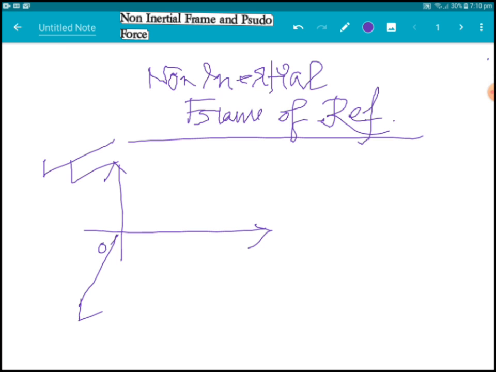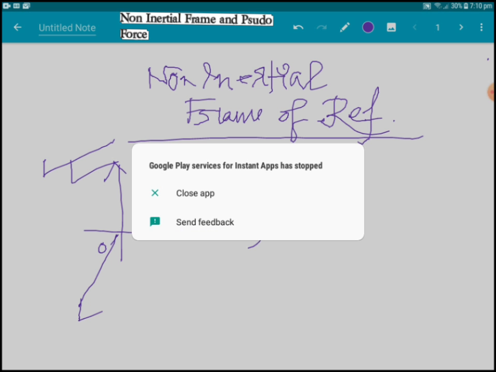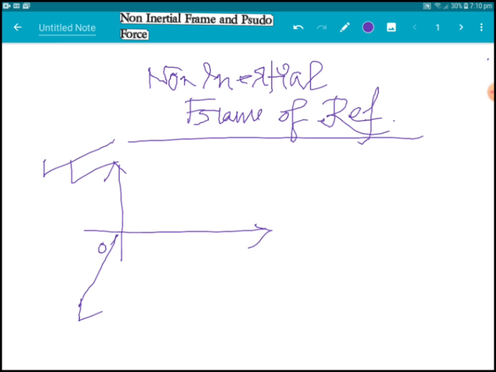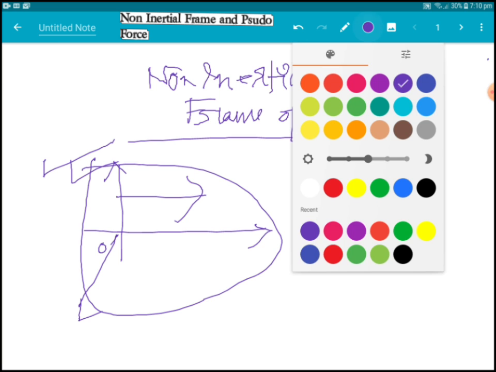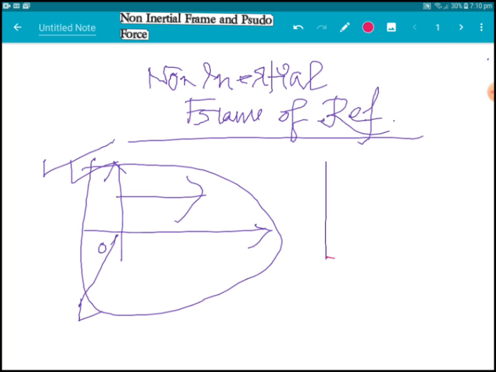Now the moving frame of reference in general can possess translational and rotational motion relative to the fixed frame of reference. A frame of reference moving with a constant velocity with respect to the fixed one is known as an inertial frame, and the frame of reference which moves with an acceleration with respect to a fixed frame is known as a non-inertial frame of reference.